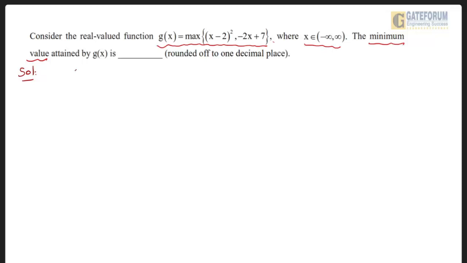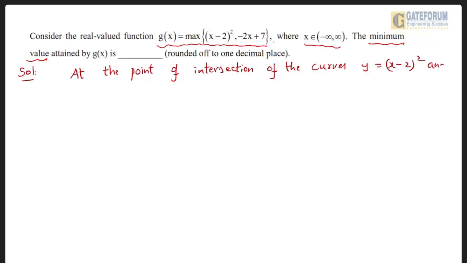At the point of intersection of the curves y is equal to, each function is denoted by y is equal to f of x, (x minus 2) whole square and y is equal to minus 2x plus 7.